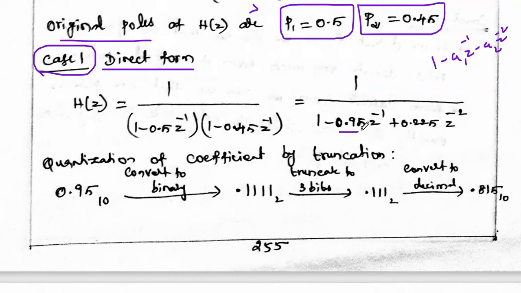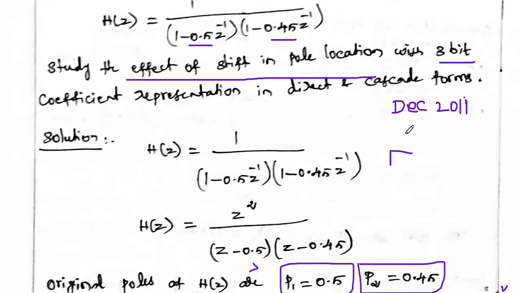Here you see 0.95 is one filter coefficient, and 0.225 is the other filter coefficient. In a digital filter, these filter coefficients are to be quantized to 3 bits. In our problem, the quantization is given for the filter coefficients.